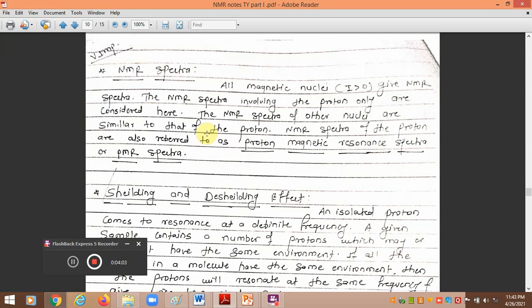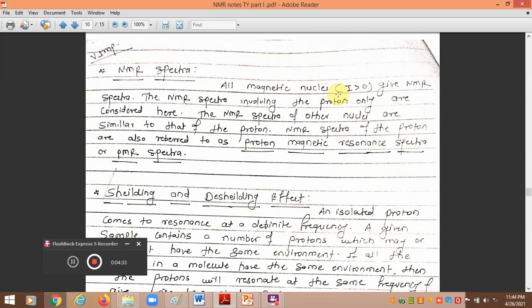The NMR spectra involving protons are what we are going to consider here. The NMR spectra of other nuclei are also observed to be similar to that of the proton, and that's why the NMR spectra of proton are also called the proton magnetic resonance spectra, or simply the PMR spectra.